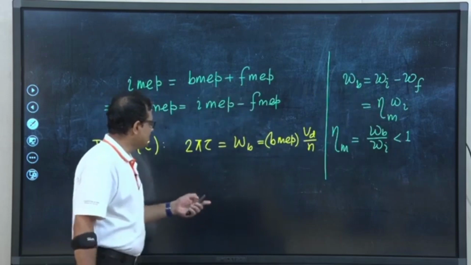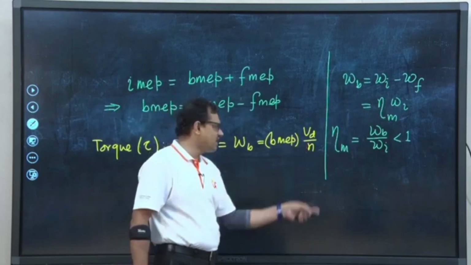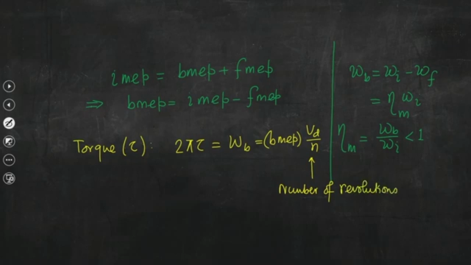So, that is what we have written, brake mean effective pressure VD divided by N. This small n is introduced here, that is the number of revolutions per cycle, right.